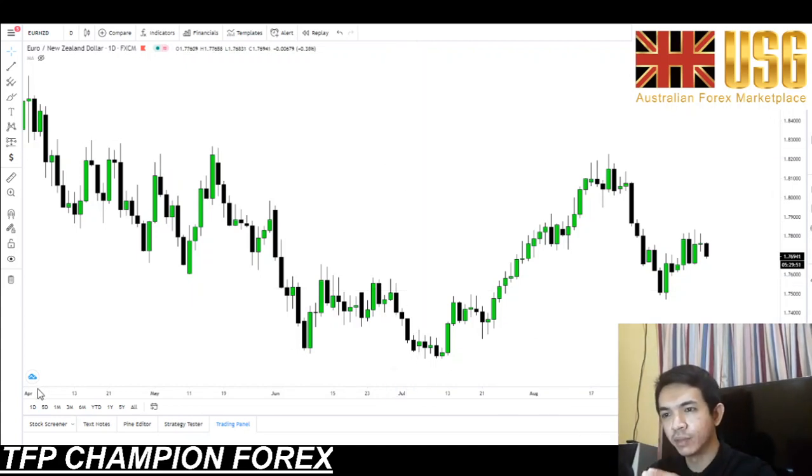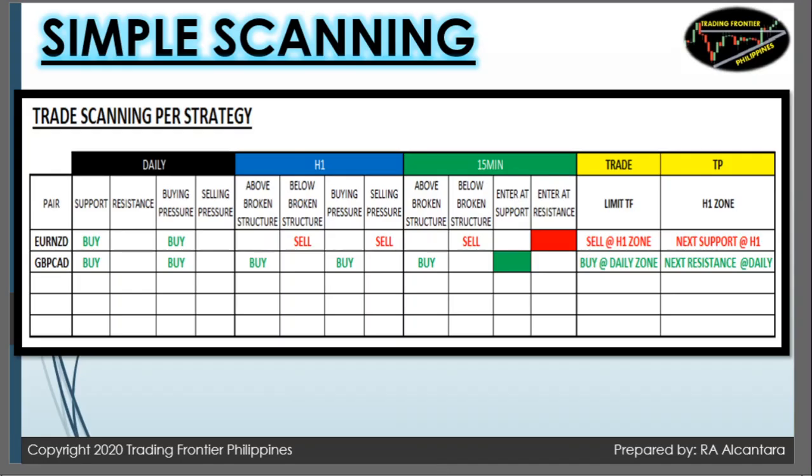My specific strategy for this video is more on market structure and just plain price action. I don't want to complicate my trading style, and I don't want to complicate things in general. So, this is the simple method that I come up with in order for you to scan your currency pairs and find the right opportunity.